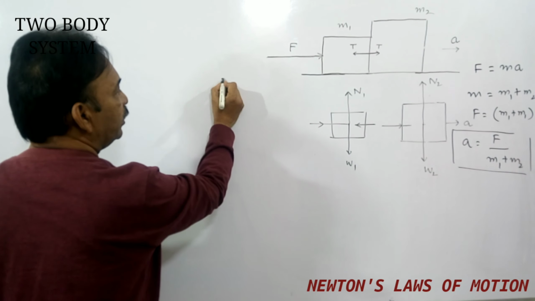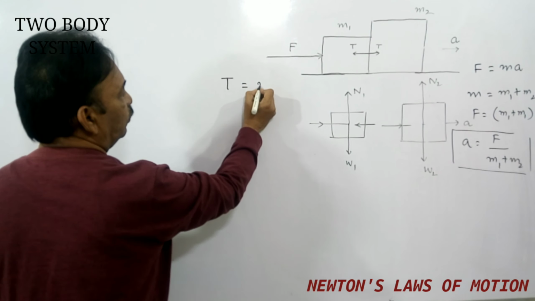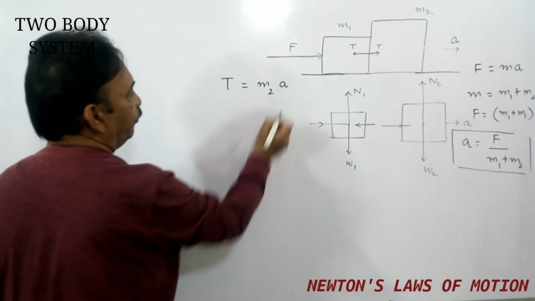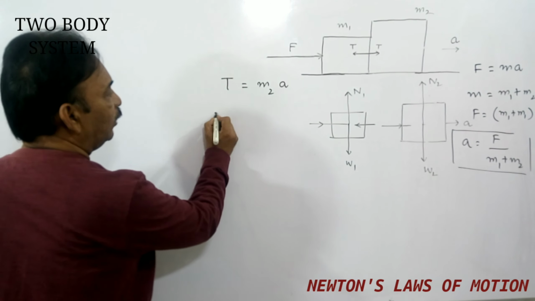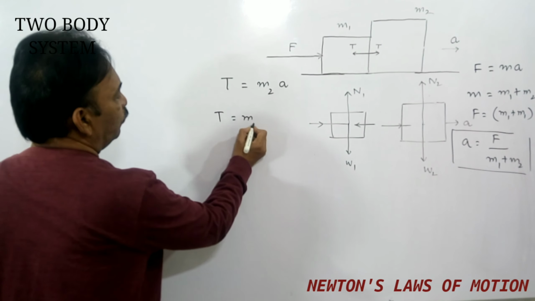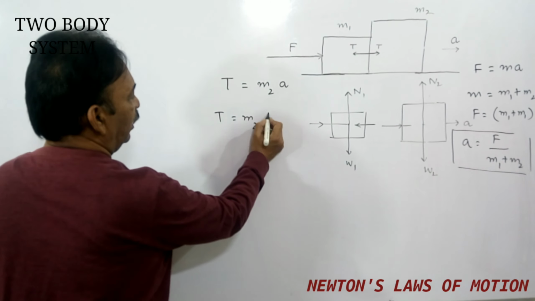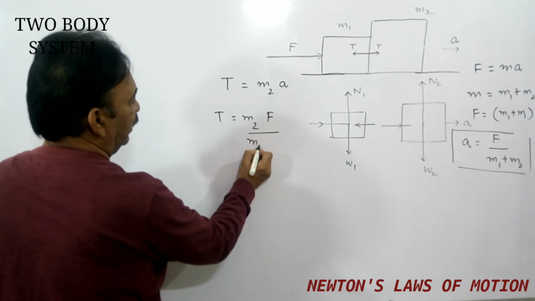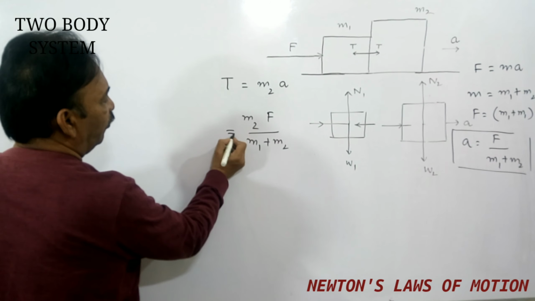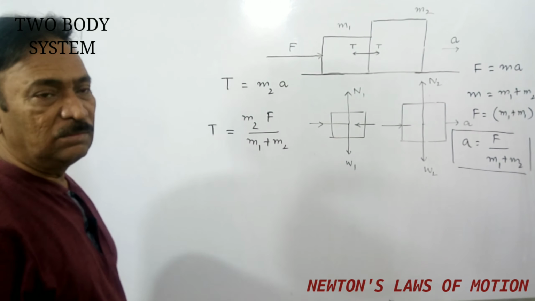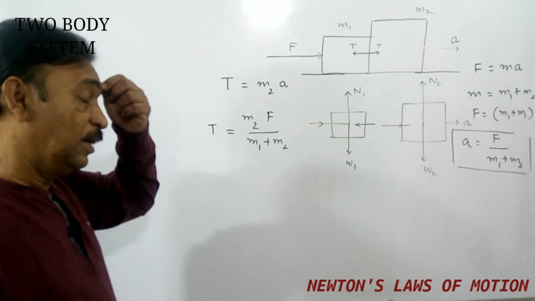I am writing the relation here: T is equal to m2 times a. Then just substitute the value there: T is m2 times F by (m1 plus m2). In this way, we can find the tension as well as the acceleration.